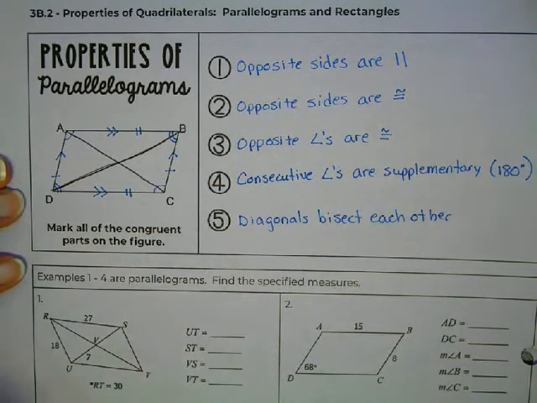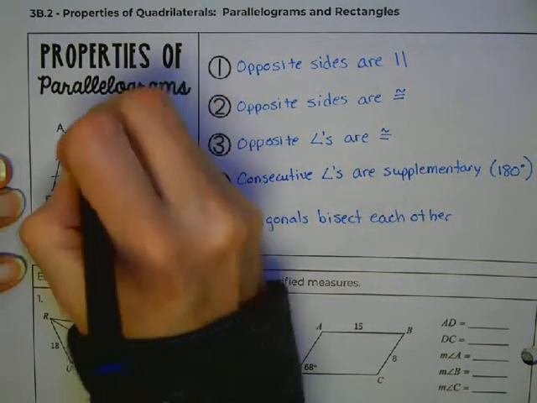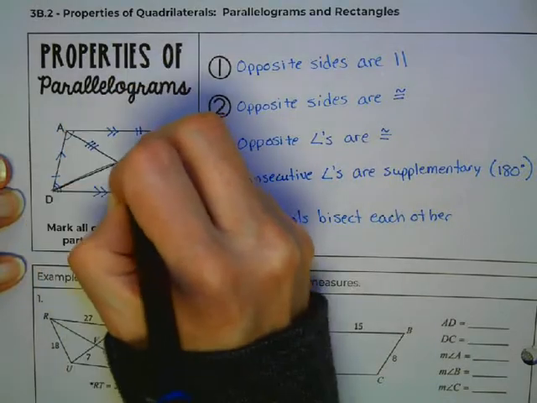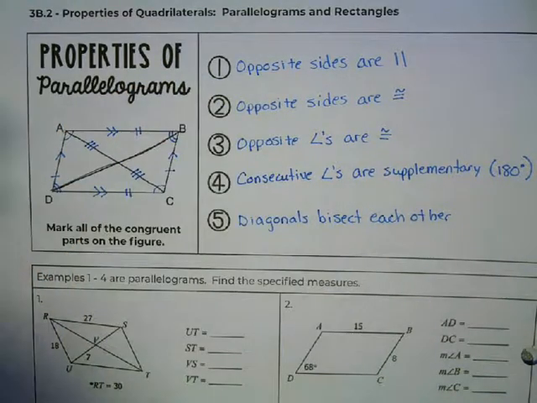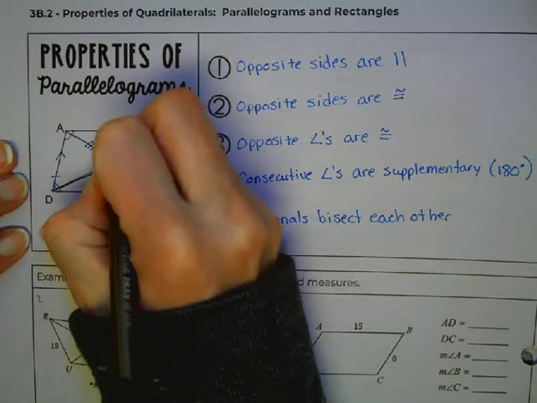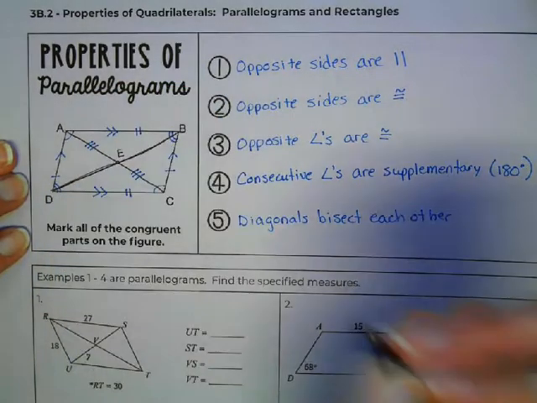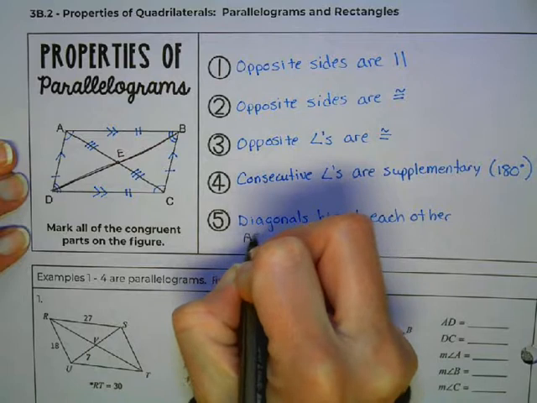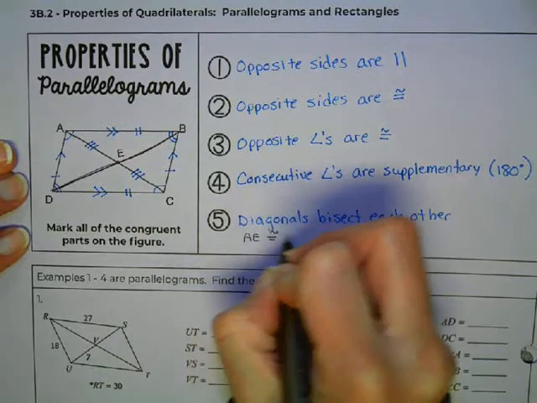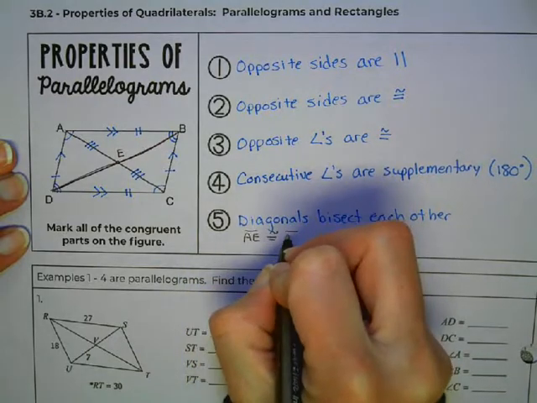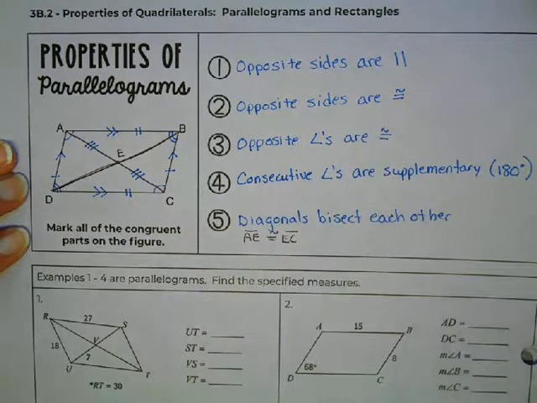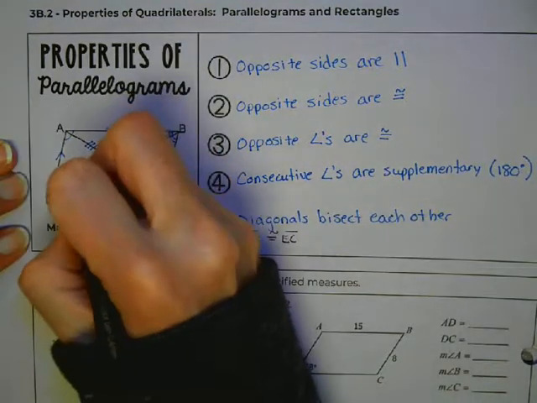Okay, so bisect means cuts in half. So 1, 2, 3, 1, 2, 3. We're going to say this point in the middle, let's just call it point E here. So basically we're going to say like AE is congruent to EC. And the same thing the other direction.